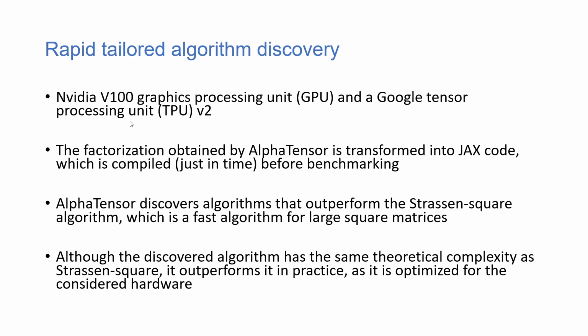So they trained for a couple of targets, the GPU V100 and the Google Tensor Processing Unit version 2, and they used JAX for the benchmark, and they were able to outperform the Strassen square algorithm. As mentioned before, although it has the same theoretical complexity as Strassen square, it outperforms in practice because this algorithm was optimized for the particular hardware, while Strassen square was not.